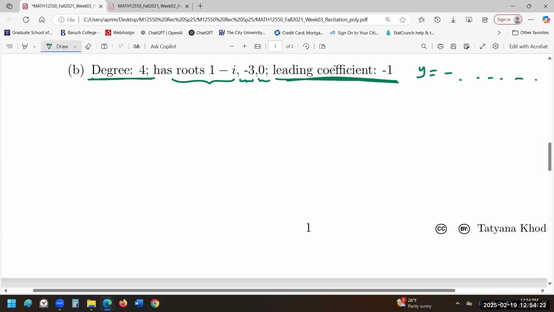They gave us 3 x-intercepts, but they're telling us we have degree 4. That means one of the roots they did not give us. So the first one is x equals 1 minus i. The second one is x equals negative 3. And the last one is x equals 0. These are the 3 roots they gave us. Our job is to get the factor from the roots.